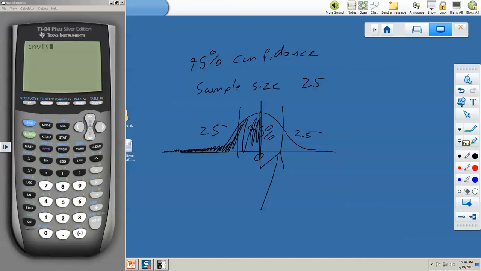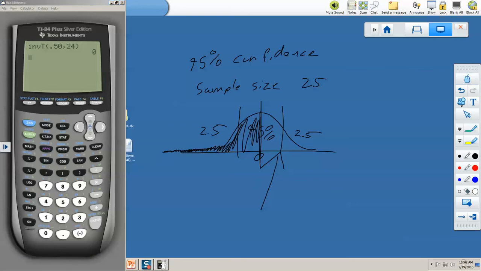So let me just show you. If I were to put in 0.50, and then I need to put in the degrees of freedom. In this case, degrees of freedom is 24. This should give me 0 because it's counting 50%. It's adding up the area beneath this curve over and over until it reaches 50%. And then once it reaches 50%, it stops and it gives the output.